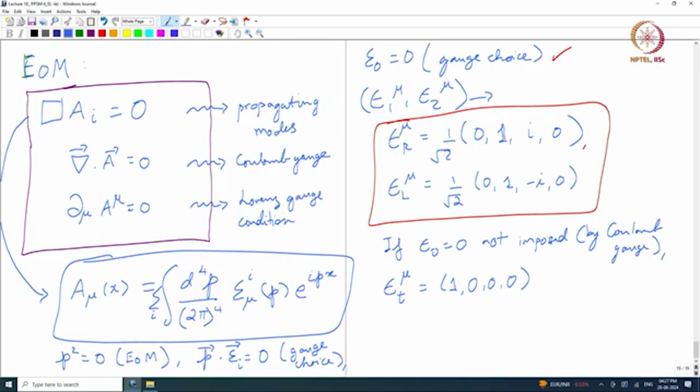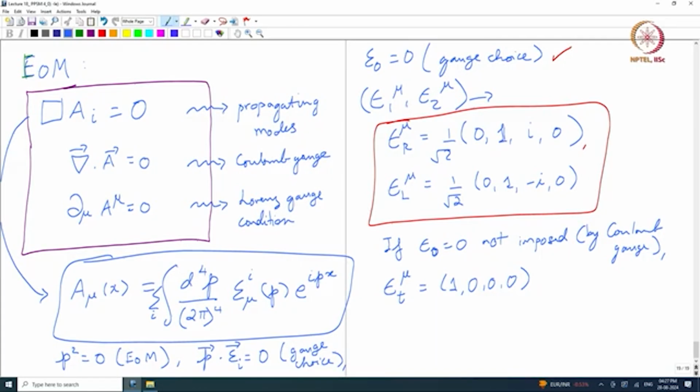This is sometimes called, I am not sure what it is called, I think it is just called a time polarization, okay, temporal polarization if I am remembering it correctly.